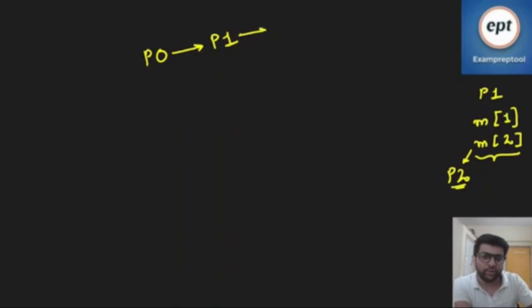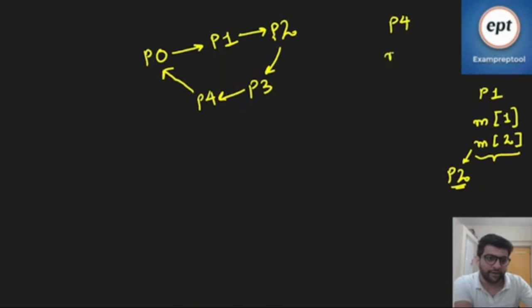So the P1 process is waiting for some resource to be released by the process P2, and similarly P2 is waiting for P3, and P3 is waiting for P4, and P4 is waiting for P0. How? P4 was waiting for mutex 4 and P4 is now waiting for the mutex 0.